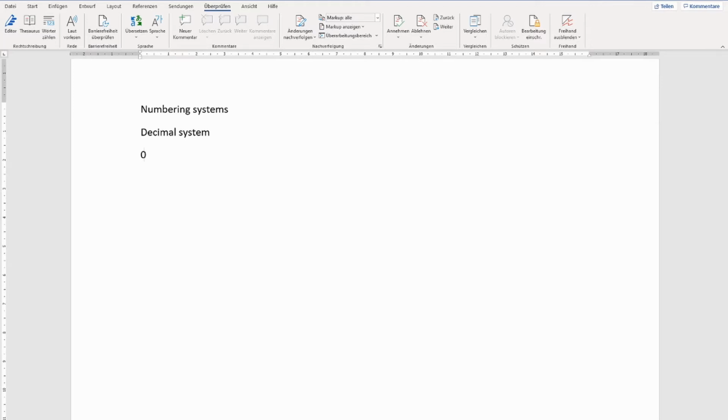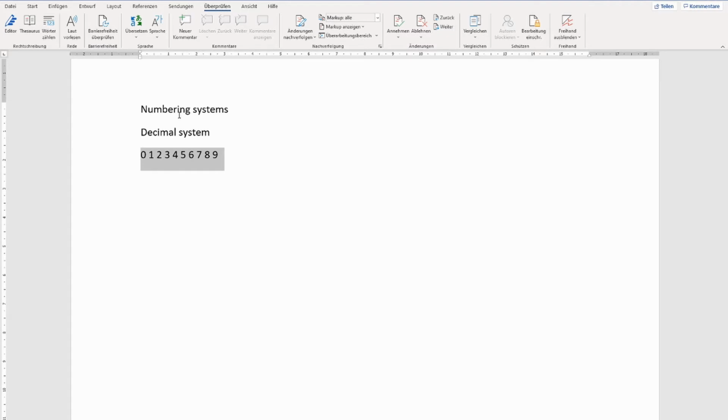We have the digit 0, the digit 1, the digit 2, 3, 4, 5, 6, 7, 8 and 9. That's our pool of symbols. The decimal system consists of 10 symbols.